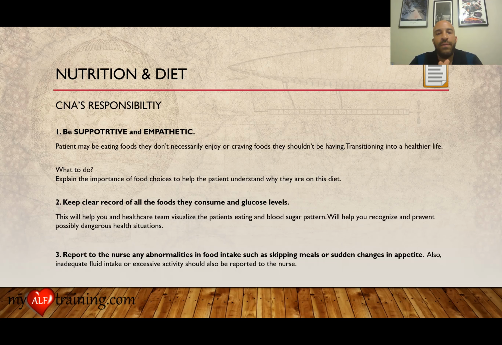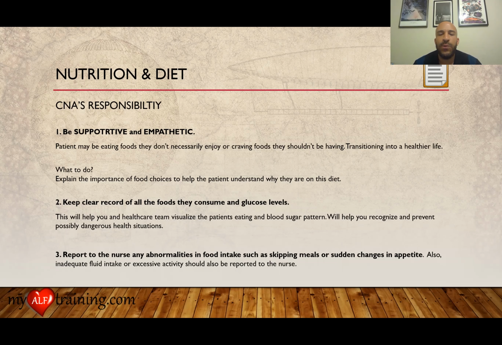This is very important for me, is reporting to the nurse inadequate intake. So if they're not eating enough, if they're not eating at all, and if they're drinking a lot, or if they're exercising a lot for some reason, we need to let the nurse know. Maybe there was some type of dance activity and your patient really had a great day, really enjoyed themselves, a lot of activity, sweating, having fun.